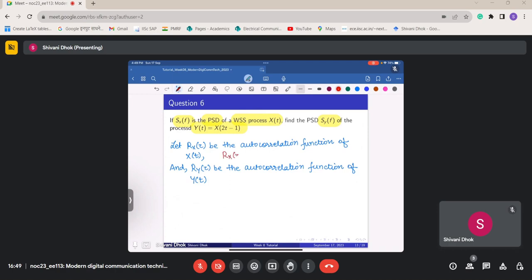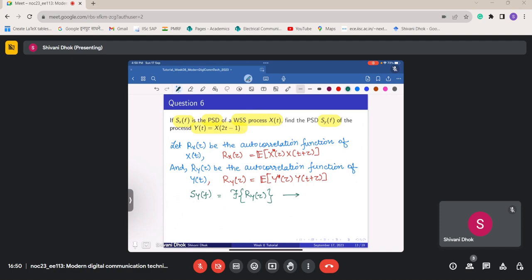This Rx of tau is basically the expectation of x conjugate of t, x of t plus tau, and this Ry of tau will be equal to the expectation of y conjugate of t, y of t plus tau, and we need to find Sy of f, which is the PSD of this y(t) process. So this will be basically the Fourier transform of Ry of tau.